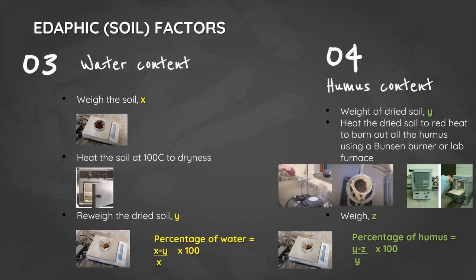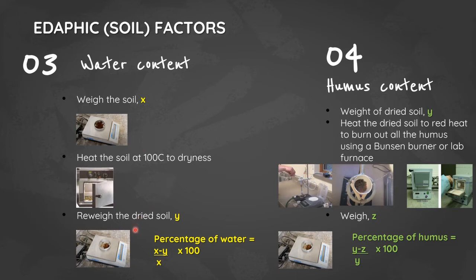So we can also find the water content and humus content of soil. For water content, first we weigh the soil and we call this weight X. We heat the soil at 100 degrees Celsius, which we know is the boiling point of water, to dryness.